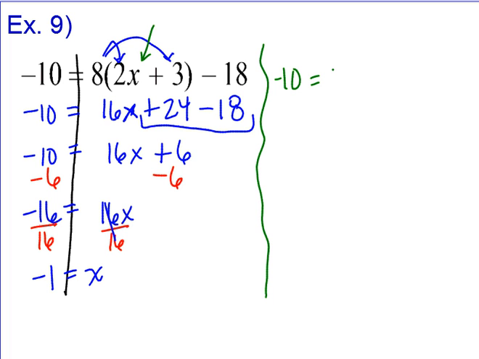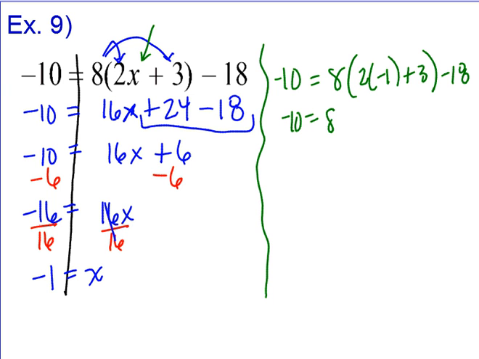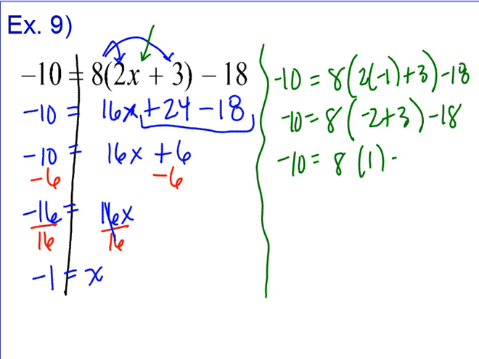So negative 10 equals 8 times 2 times negative 1 plus 3, the whole thing, subtract 18. So we'll start from the parentheses. 2 times negative 1 is negative 2. Then what we'll do is combine what's inside the parentheses, a negative 2 plus 3, which is 1.